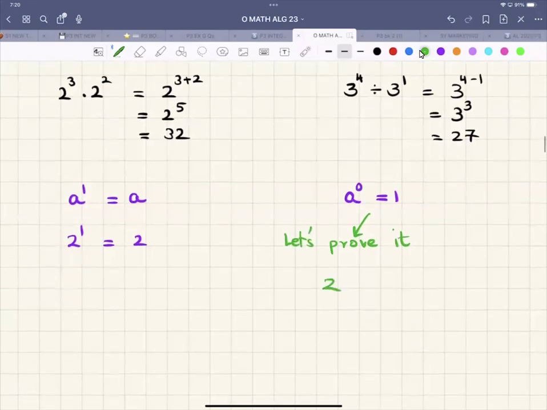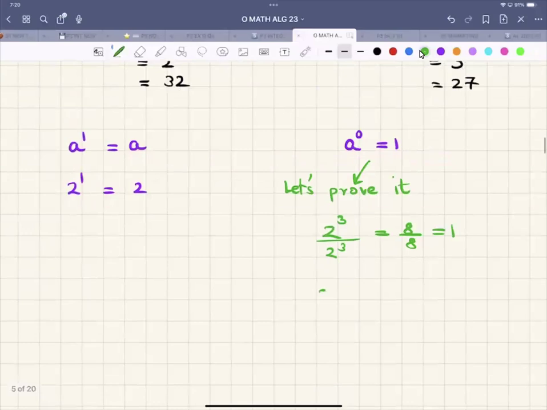So how can I prove it? Let's say 2^3 divided by 2^3. This is 8 over 8, which is 1. Can I write 2^3 over 2^3? That is 2^(3-3), which is 2^0. And naturally, these two things are exactly the same.